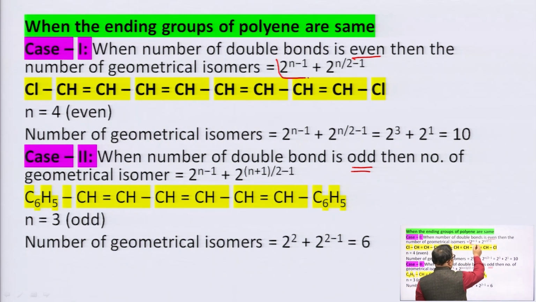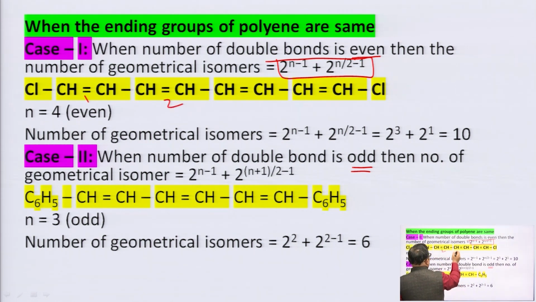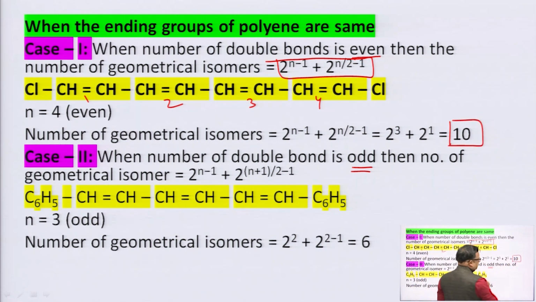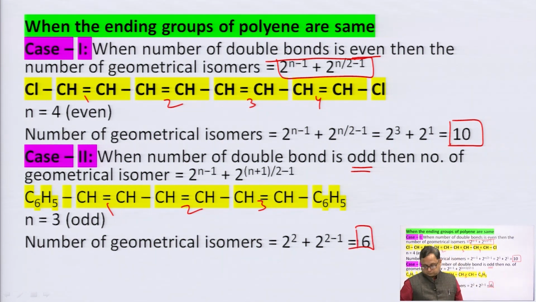For even, it is 2 to the power n minus 1, and for odd, 2 to the power n upon 2 minus 1. Here the double bonds are 1, 2, 3 and 4. So, implementing the formula, we get 10 geometrical isomers. Here n is 3: 1, 2 and 3. So, implementing the formula, we get the number of geometrical isomers equal to 6.